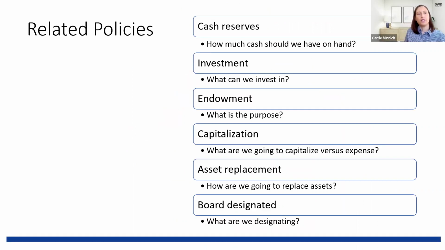Also, when you're looking at your statements, you might want to consider, hey, we have investments. Do we have an investment policy in place? When you're looking at your statement of financial position, we talked about cash and how much cash you should have on hand. So do we have a policy in place for reserves where we say, okay, we are going to put aside X months or X dollars of cash, and this is what we're going to use it for, etc. Investments.